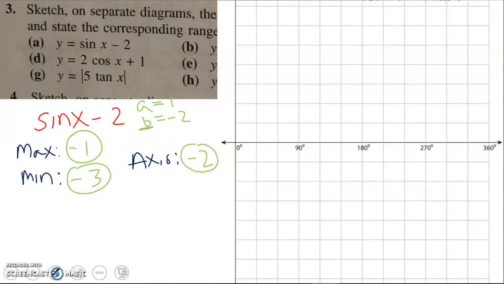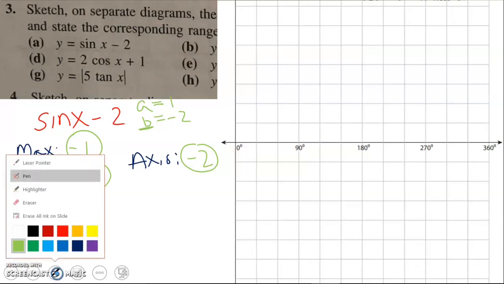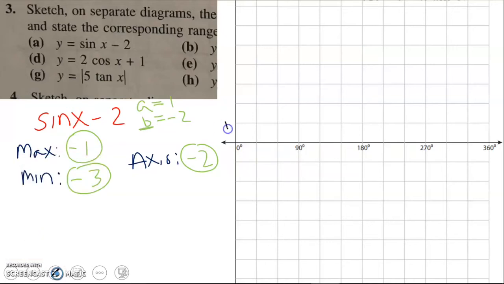Okay. Now you need to recognize, where does sine start at 0? Sine will start in the middle, or in this case at your axis. So your axis is at negative 2. Let me go ahead and put in my values. So I have 1, 2, 3, 4. I go negative 1, negative 2, negative 3, negative 4. Again, sine will start at my axis, which is at negative 2.